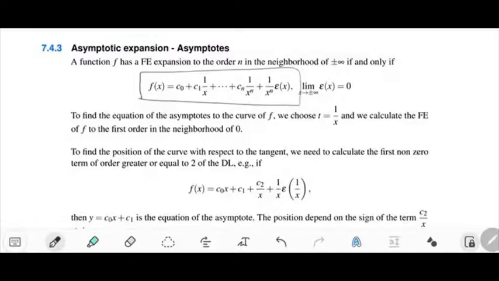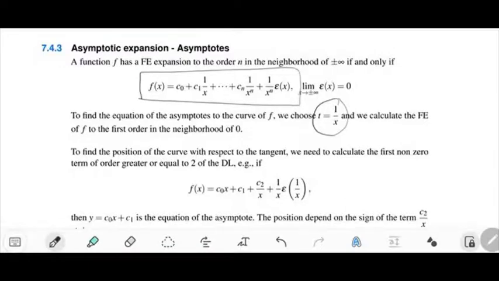So to find the equation of asymptotes of f, what we will do is that we take the function, we need to find its asymptotes, and then we do the change of variables t equal 1 over x. Because we need to find something around infinity, we transform it to 0 by this change of variables. And then we calculate the finite expansion around 0.